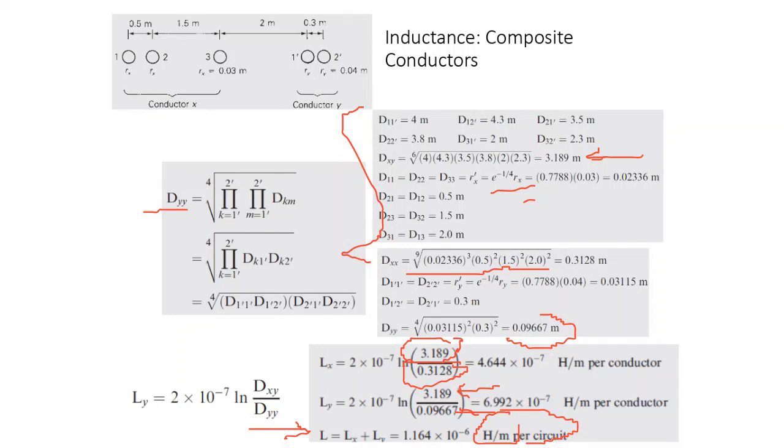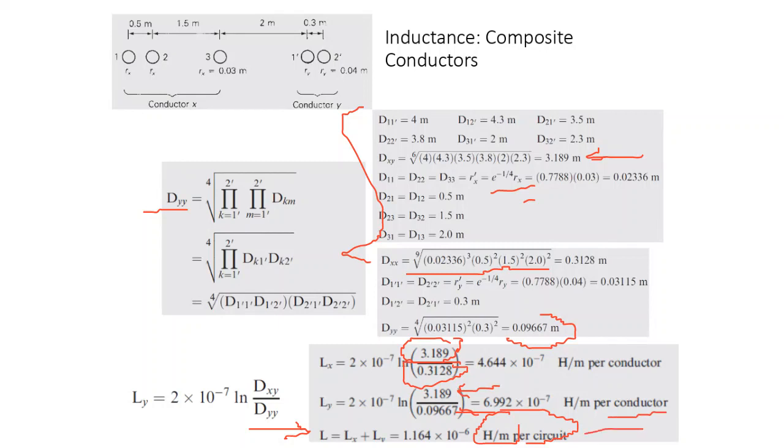Okay, L, which is LXY, is LX plus LY, you add them. That's the inductance. Multiplied by 2 pi f, it will give you the reactance, which is X. Okay, so this is per conductor, and this is per circuit.